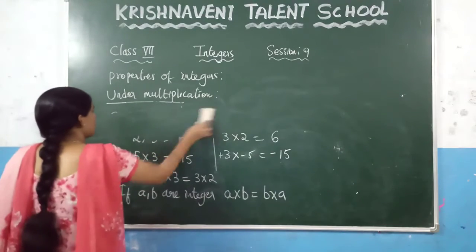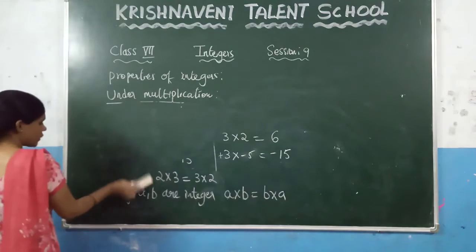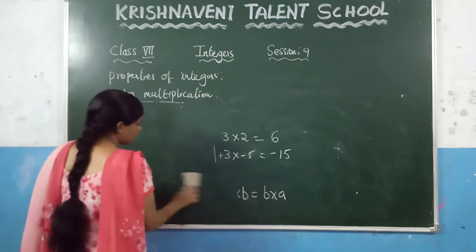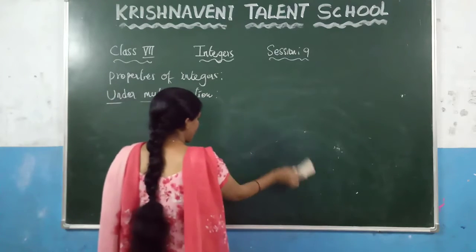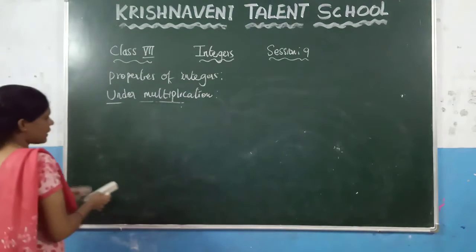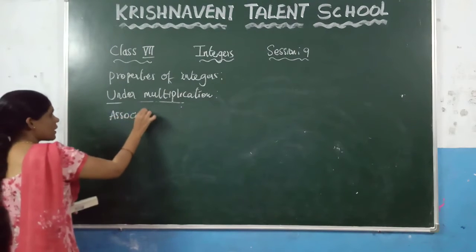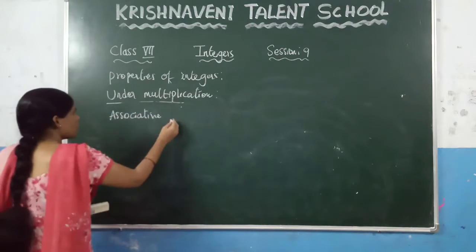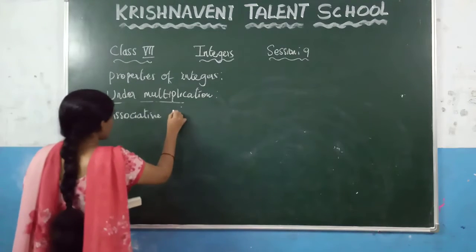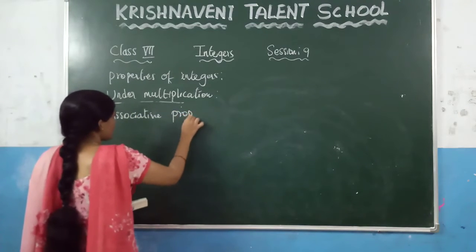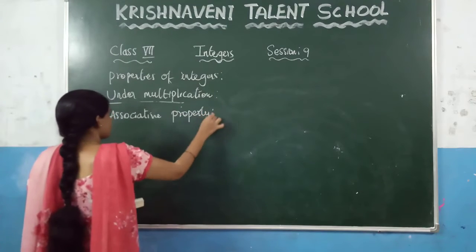Next, see the associative property. All this we discussed before for addition; now we are changing the operation to multiplication.